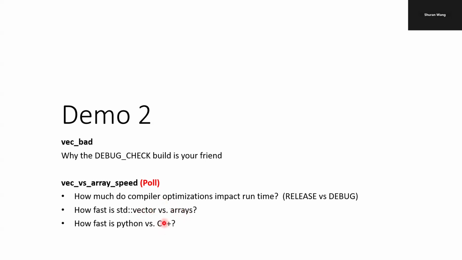So vector versus arrays, if we're doing this on a sufficiently large vector versus array, they actually should be quite similar. Vectors could be a bit slower, but they should be quite similar, right?